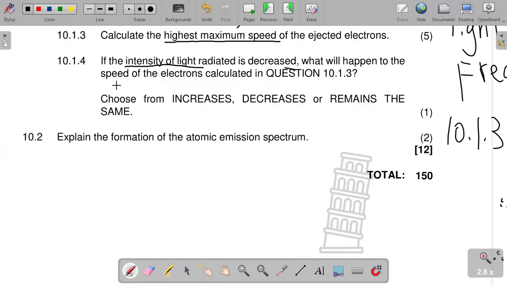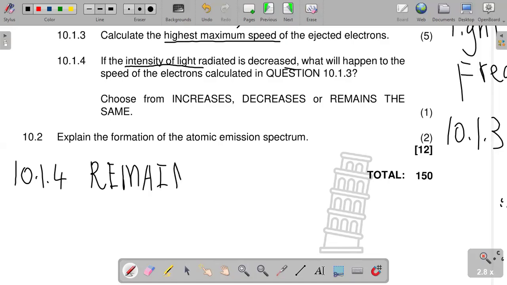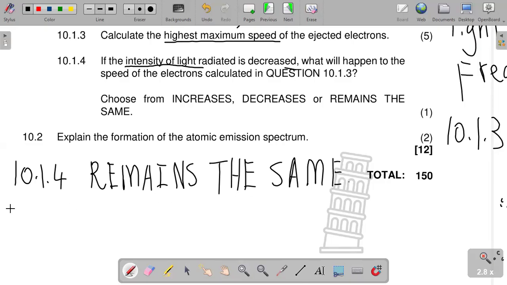It does not affect the speed. So for 10.1.4, the answer is it remains the same. There is no effect. The speed does not change.